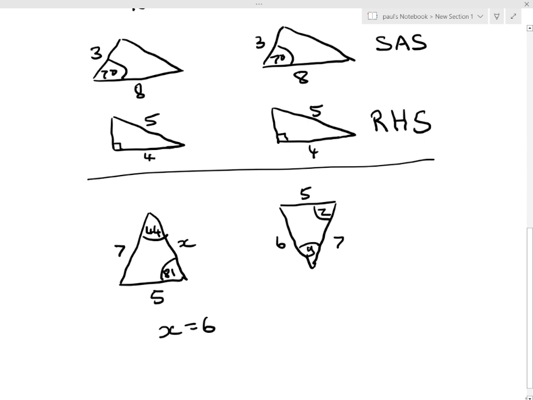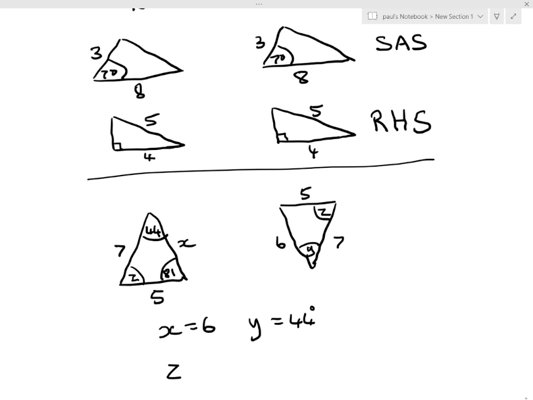And the pointy bit at the top, 44, so Y must be equal to 44 degrees, and Z will be equal to, if we turn this around, the Z is in between the 5 and the 7, so that's what Z is.